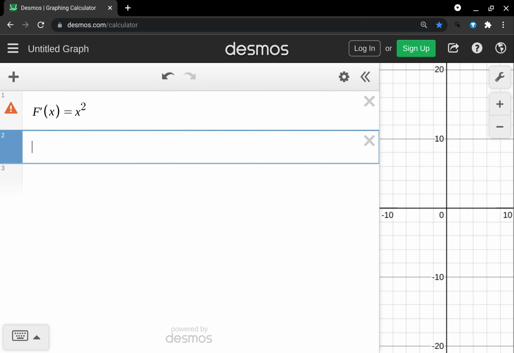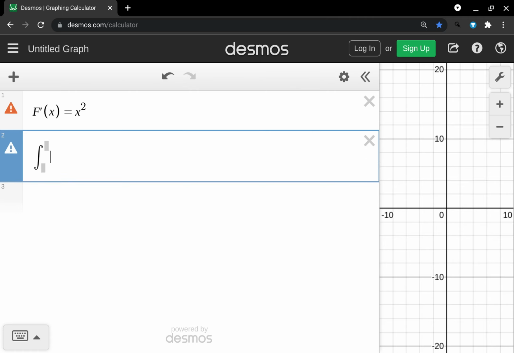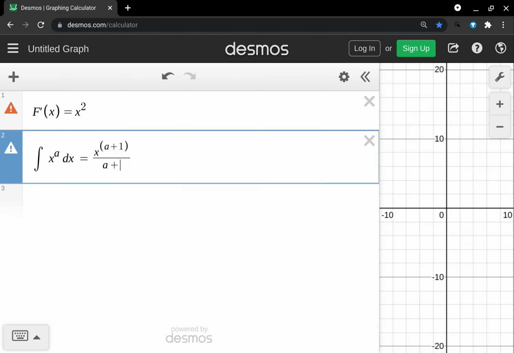If you know how to find the integral, or at least the indefinite integral of a power, what we can do is, if we want to find the integral of x to the power of a dx, that equals x to the power of a plus 1 divided by a plus 1.